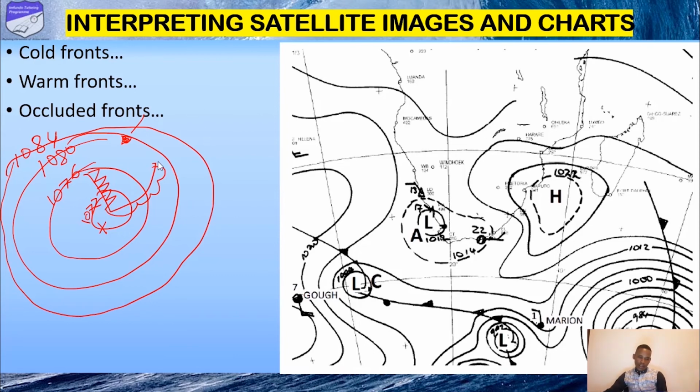Now sometimes they will say label front A, this is your cold front. Label front B, this is your warm front, right? Sometimes they say label L. If it's at the center of a cyclone, you need to label it as a mid-latitude cyclone, right? Okay, I'm just going to stop there. Let's move on.